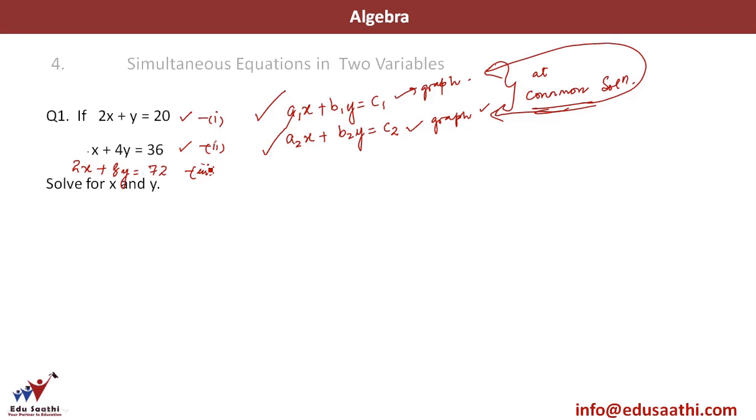If I subtract equation 1 from 3, 2x plus 8y equal to 72, 2x plus y is equal to 20. 2x will get cancelled out. I'll have 7y is equal to 52. So the value of y I can calculate as 52 by 7.